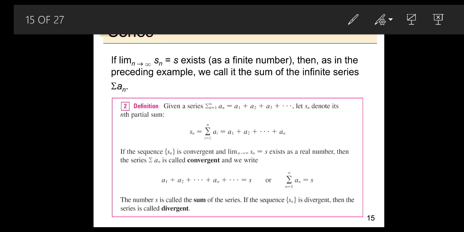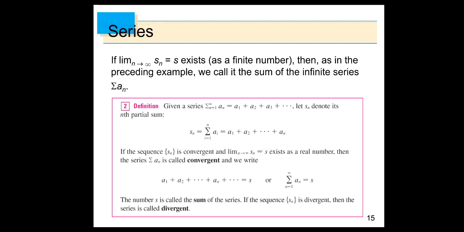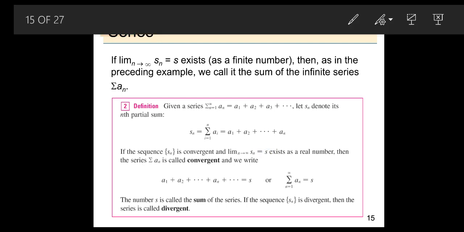The number S is called the sum of the series. If the sequence Sn is divergent, if it is not convergent, then the series would be called divergent.